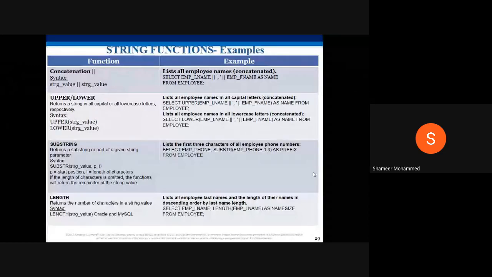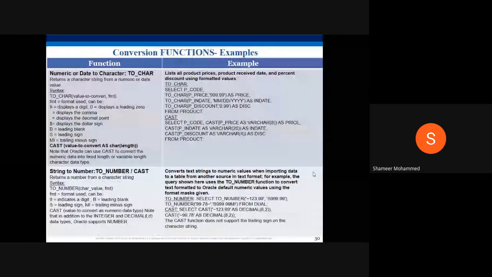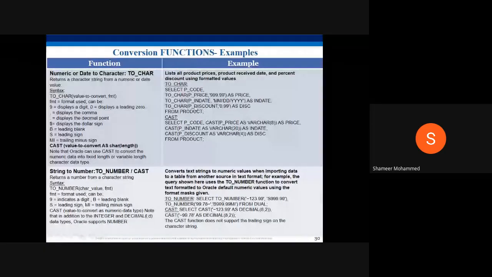String functions. Now conversion functions, as I told you now, to character. So date you want to convert to character. Inside the function, you pass the column name and the type of format. Date you are converting to character, price you are converting to character, this discount you are converting to character. Another is cast.